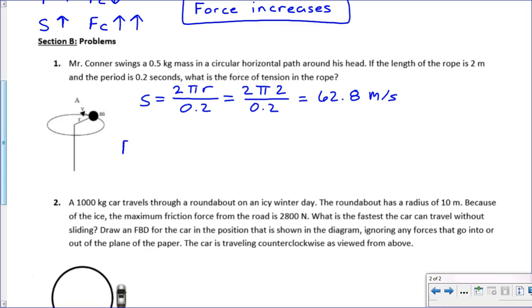All right, now centripetal force is going to equal the mass times the speed squared divided by the radius, which in this case equals 0.5 kilograms. Actually, I normally don't include units in here. I think that gets confusing. So just 0.5 times the speed squared, 62.8 squared divided by the radius, well, that's 2, sorry.